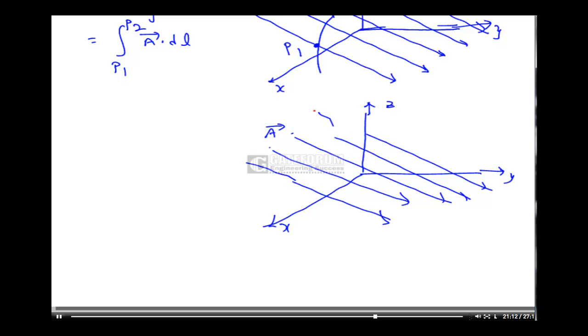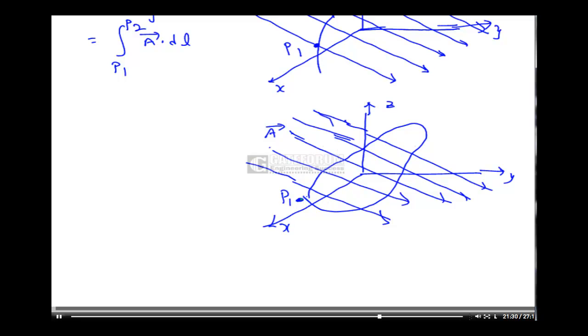The second one is called closed contour integration.